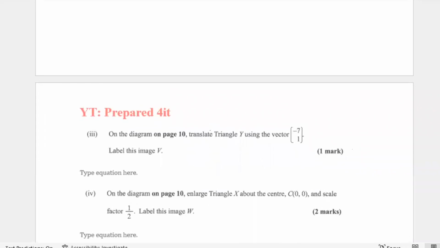It depends on what your scale factor is. The question gave us a scale factor of 1/2. So usually when your scale factor is a fraction, it means that your object is actually getting smaller.